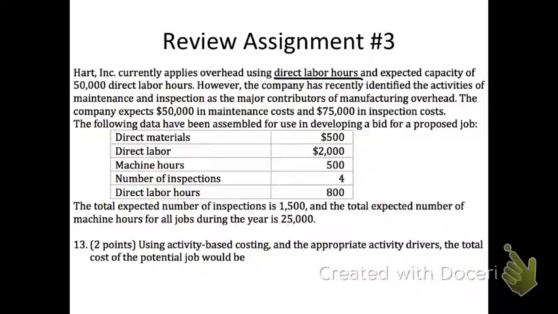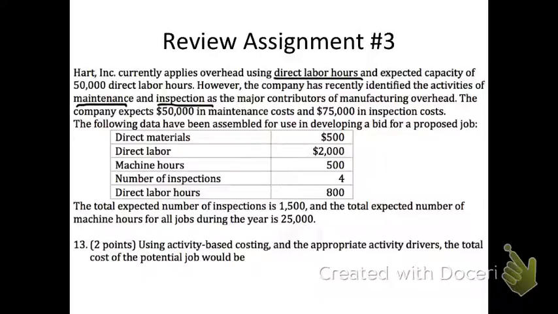Activity-based costing uses multiple drivers based on identifying the activities, and so the activities they have identified are maintenance and inspection. And so once you move to activity-based costing, you can use unit level drivers, but you also use non-unit level drivers. Unit level drivers are related to production. Non-unit level drivers do not have to be related to production.